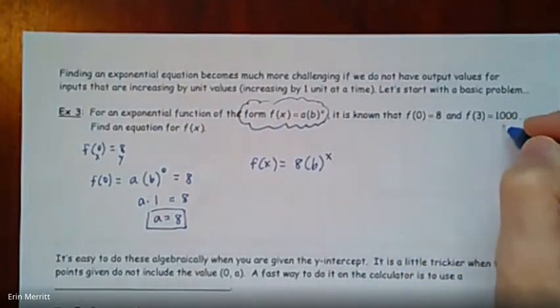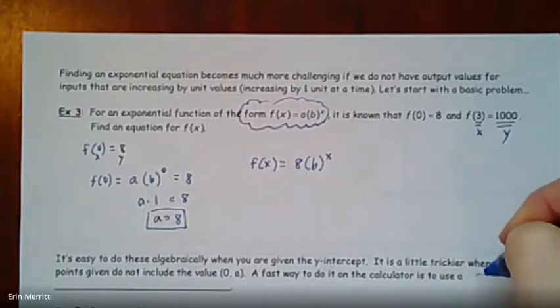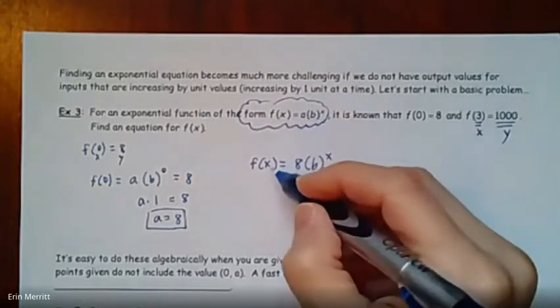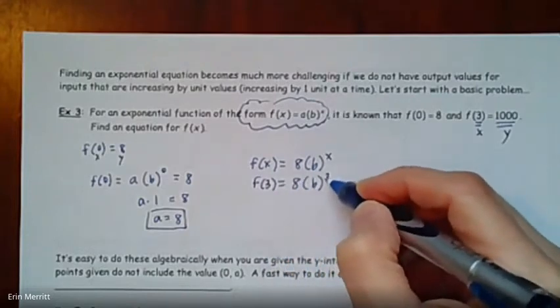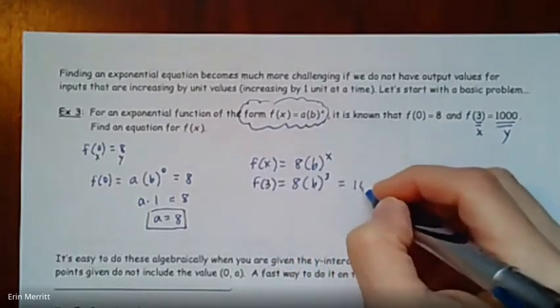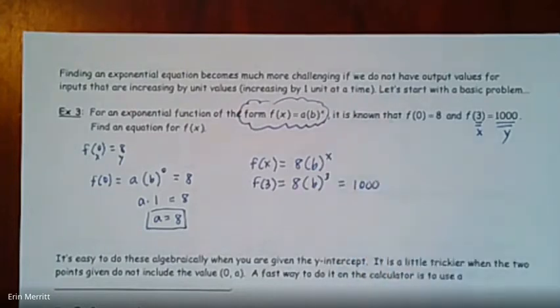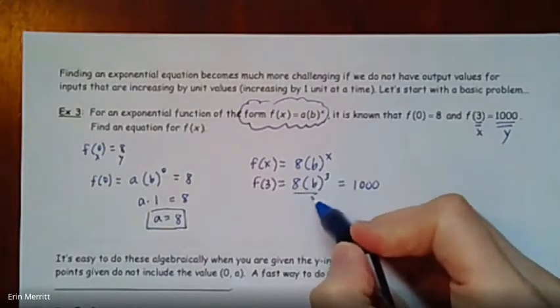When we put a 3 in for x, the y value will be equal to 1,000. So when we put a 3 in here, this whole thing will come out equal to 1,000. Well, we can solve. To get b by itself, let's divide by 8 first.